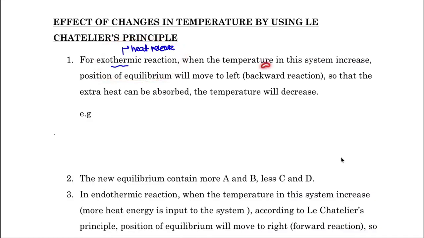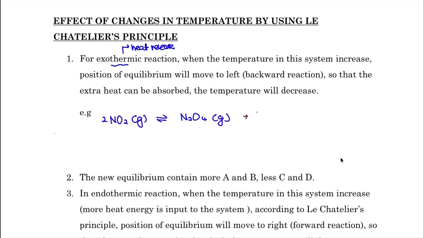So when the temperature rises in the system at equilibrium, I give you one example. In the example of NO₂ again, right? If NO₂ gas wants to become N₂O₄, there will be heat absorbed and heat released.